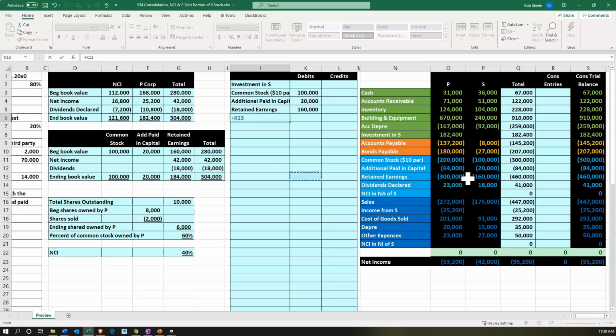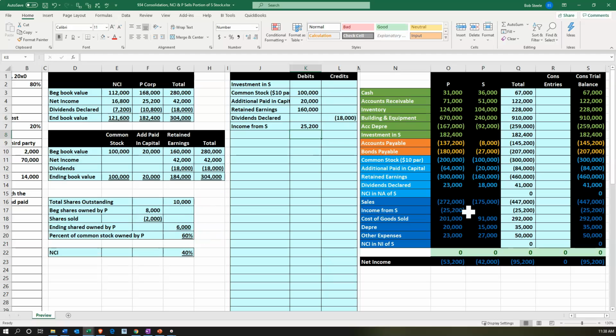Then we have the dividends down here. It has a debit in it. We'll do the opposite thing to the dividends to remove it. And then typically we go down to the income from S, which was recorded using the equity method. That's $25,000. We usually do the 42,000, but we want to make sure we're picking up the new controlling interest of 60% rather than the 80%.